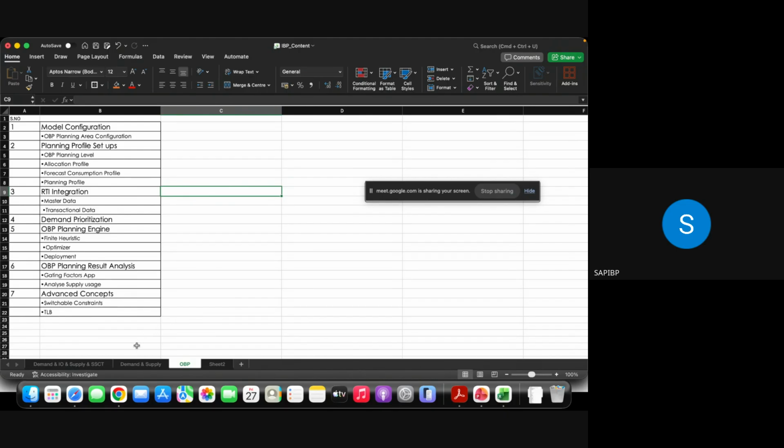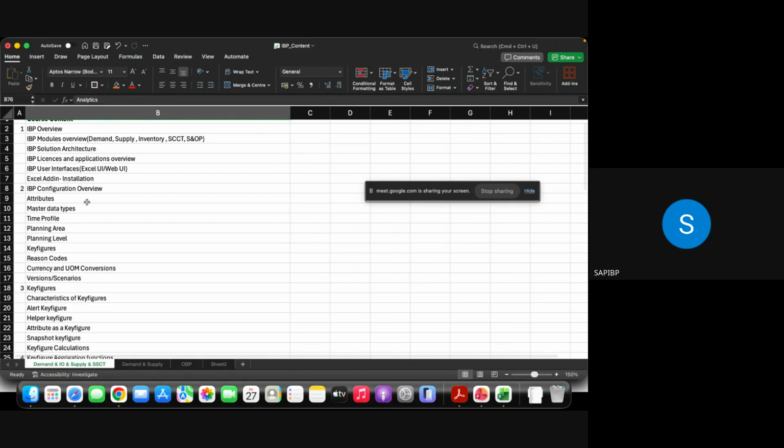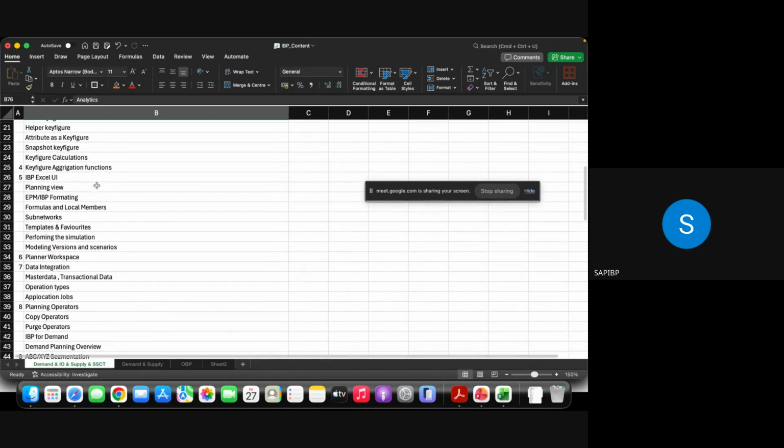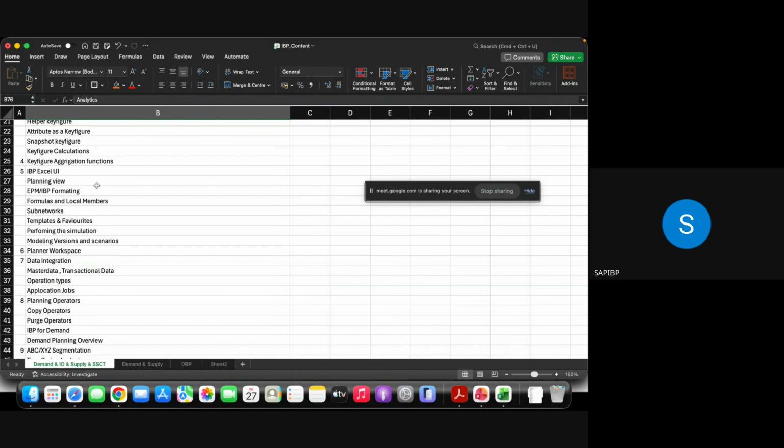And if you want to go with all the time series planning, those are demand, inventory, time series supply, and supply chain control tower, we are going to cover those as well. If you want to learn only time series supply and order-based supply, that is also delivered. Depending upon your interest, we'll provide the respective functionalities.